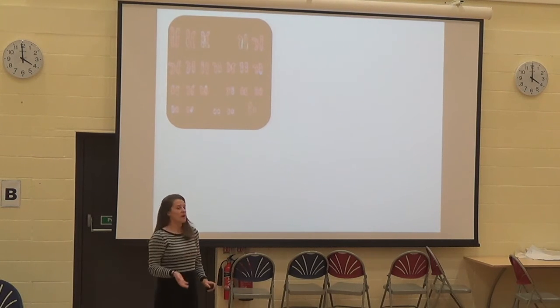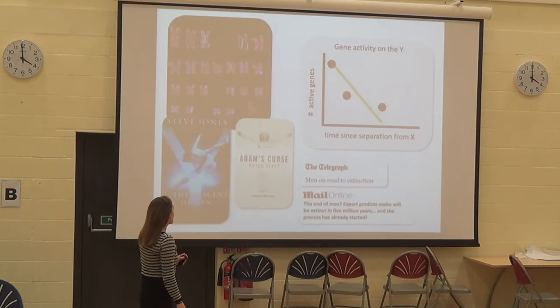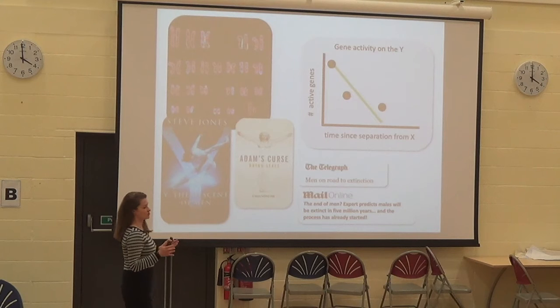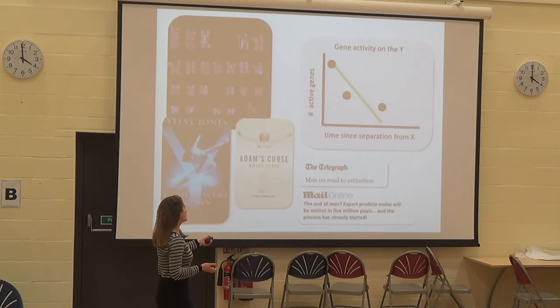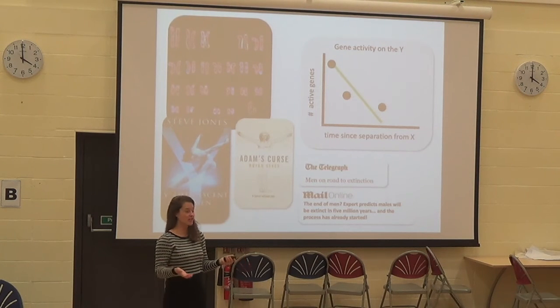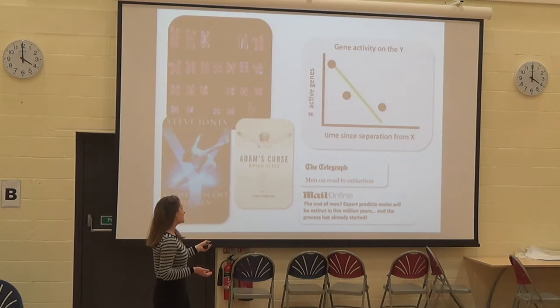So you might have seen some of this in the newspaper a couple of years ago, but this led to quite a number of sensationalist headlines suggesting that the human Y chromosome initially had loads of genes, about 700 genes initially, but over millions of years those genes have started to degenerate, it's lost genes, it's become a bit decrepit, there have been huge deletions on the Y.